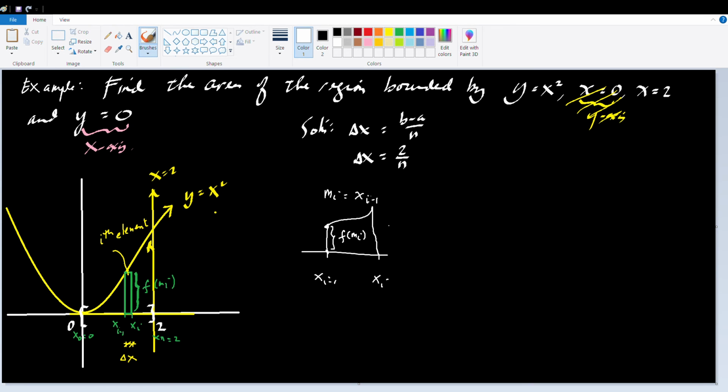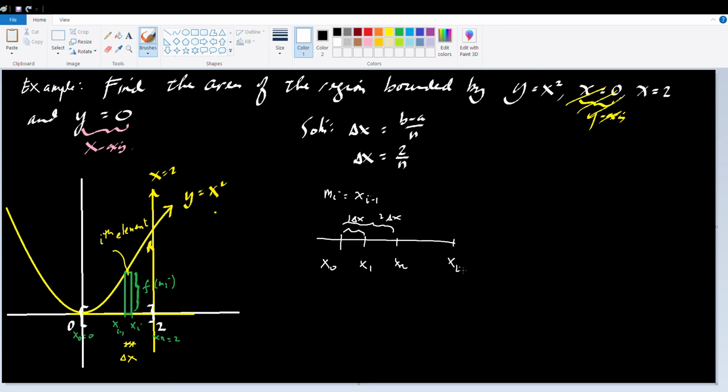Now we are going to express our m sub i in terms of delta x. And how do you do that? If this is x sub 0 and the right endpoint is x sub 1, that is equivalent to 1 delta x. At x sub 2, from x sub 0, that will be 2 delta x.